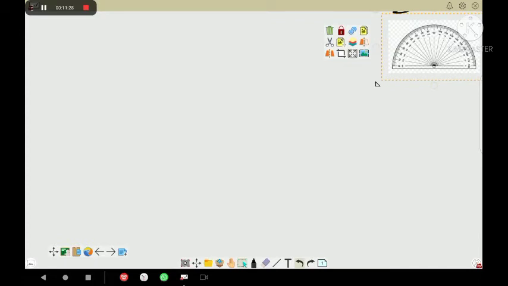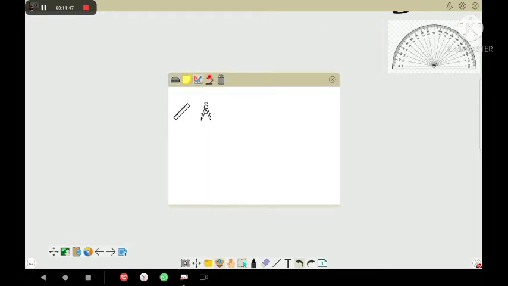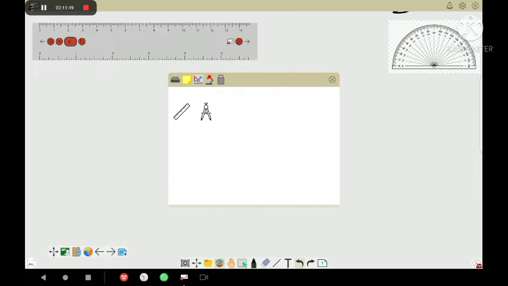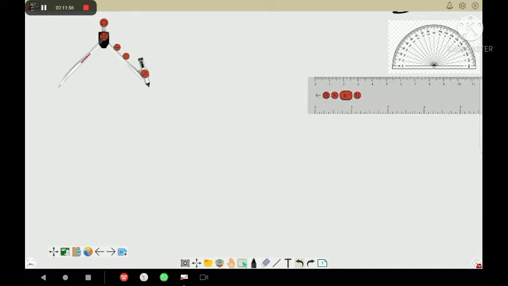But when the angle is 90 degrees, we must draw the angle by compass only. And we need one scale, one protractor, and one compass.